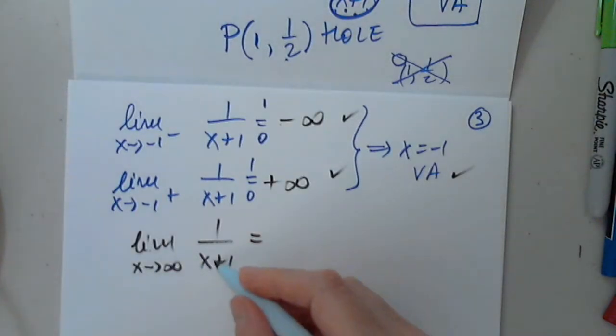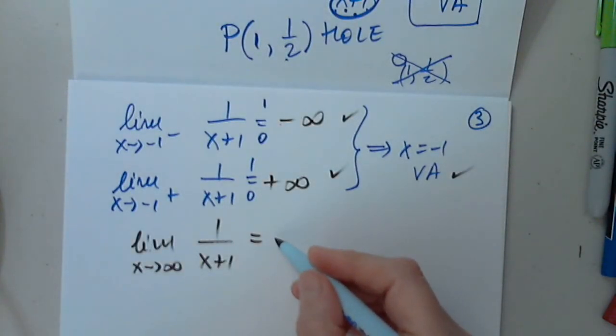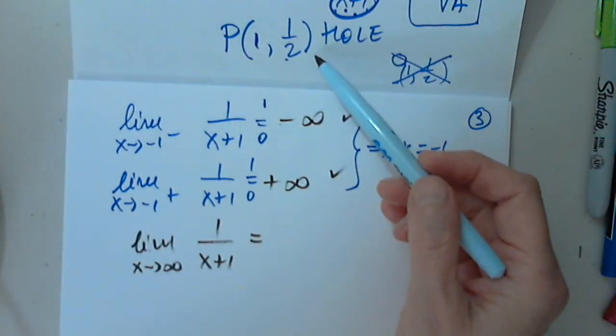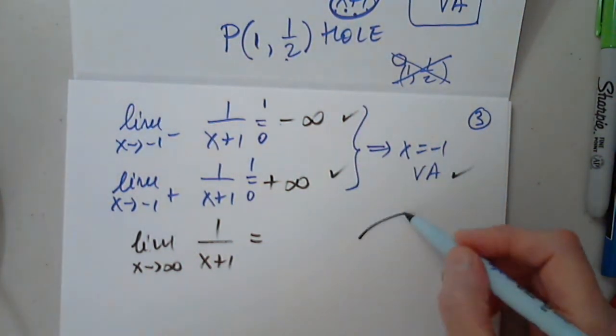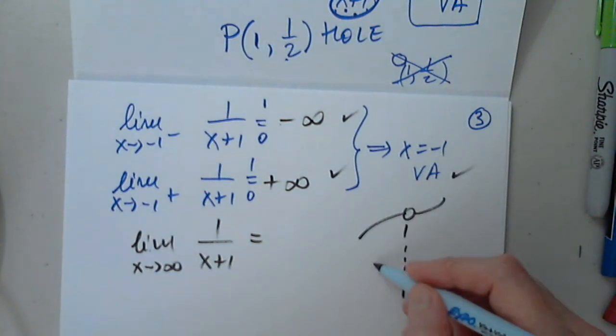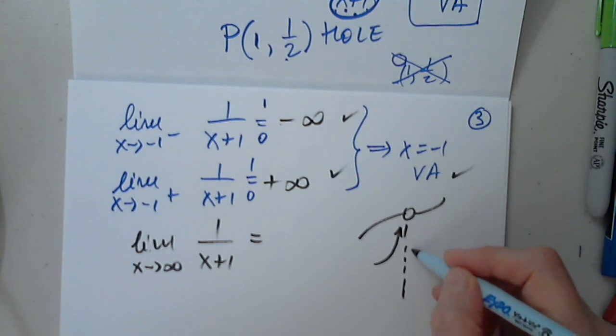So you can say that 1/2 is a hole because it doesn't make the bottom 0. But when the bottom is 0, you have to do the limit from the left and from the right. Because the hole means that the function is like this. But the vertical asymptote requires to find what happens.